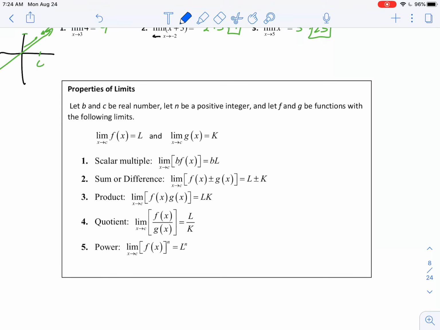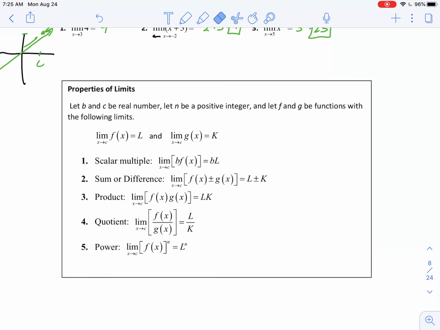If I have the limit as x approaches c of b times f of x, this is equal to b times L, where up here they tell us that the limit as x approaches c of f of x is L. So basically what you can do is just find the limit as x approaches c of f of x and multiply it by that constant out in front. I think it'll become a little more clear with some examples what I'm talking about here.